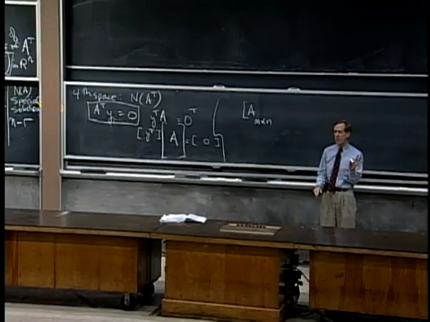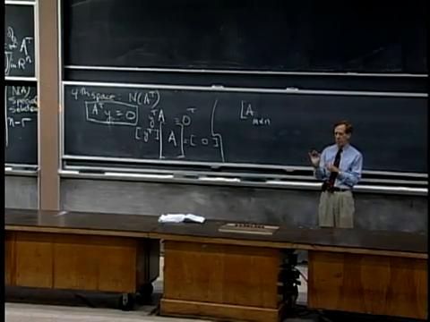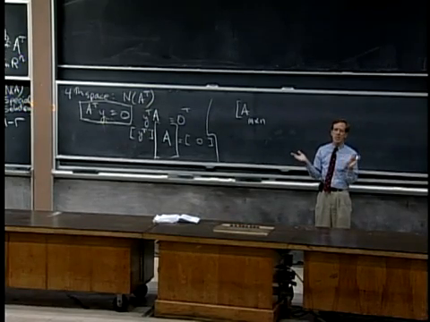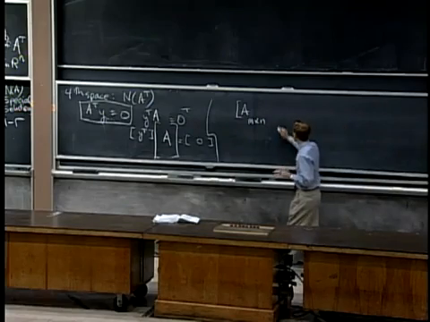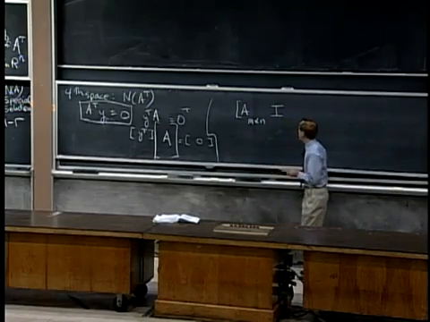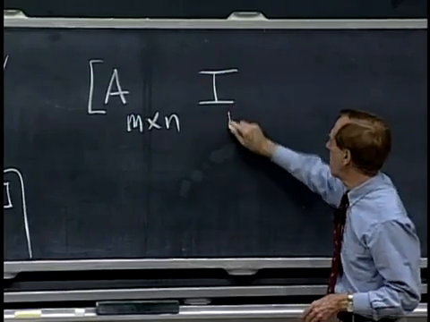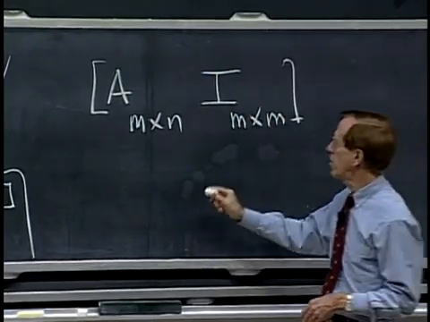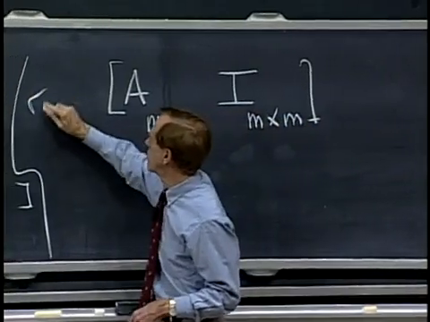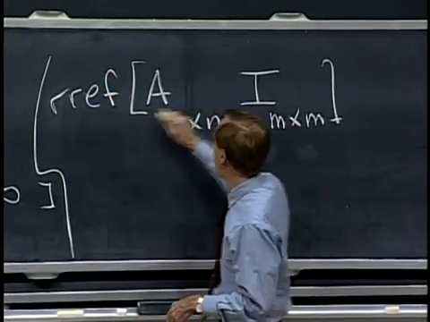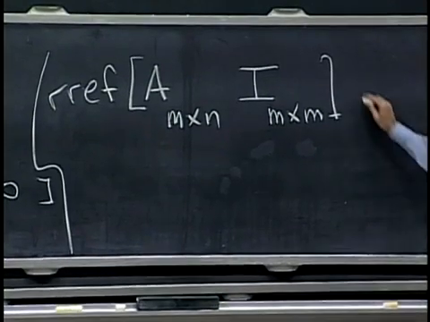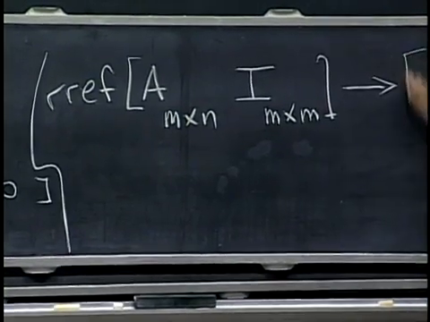In Gauss-Jordan, when we saw him before, A was a square invertible matrix, and we were finding its inverse. Now the matrix isn't square. It's probably rectangular. But I'll still tack on the identity matrix. And of course, since these have length m, it better be m by m. And now I'll do the reduced row echelon form of this matrix. And what do I get?